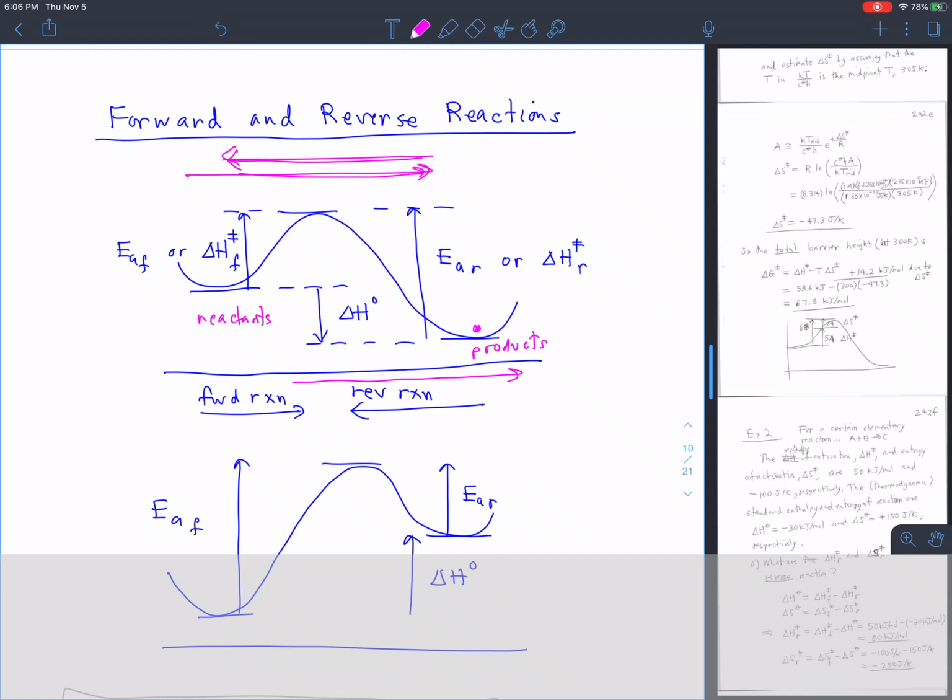And remember what we talked about before from the principle of microscopic reversibility, that every reaction has a reverse reaction. And now you can kind of see why. If this is the reverse reaction, and if the delta H is negative like this, so that the products are at lower energy, or at least lower enthalpy than the reactants were, then the energy hill is higher going backwards than it is going forwards, but it isn't infinitely high.